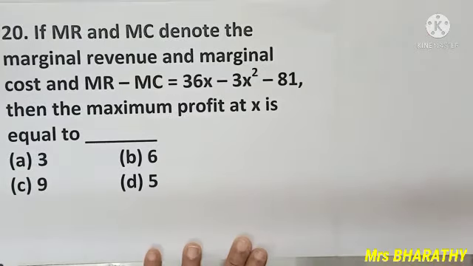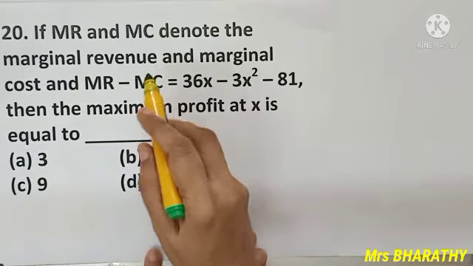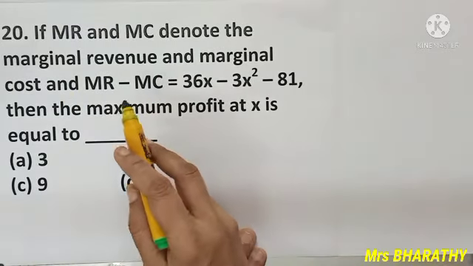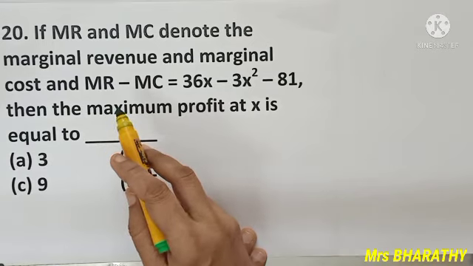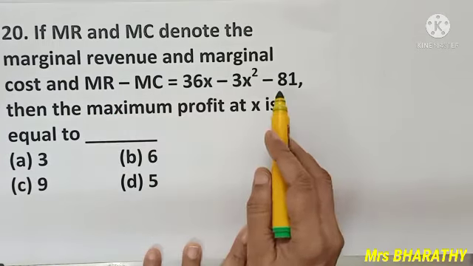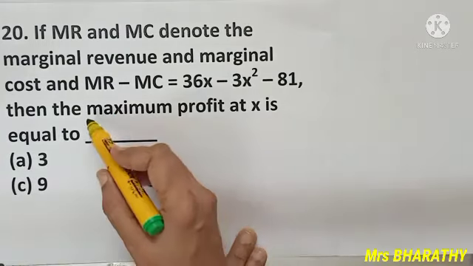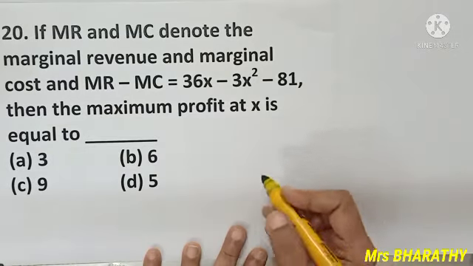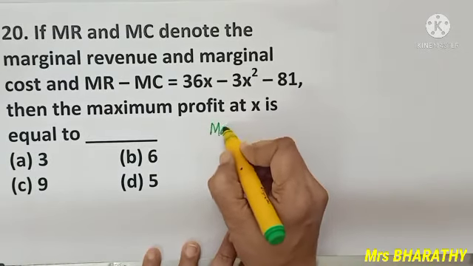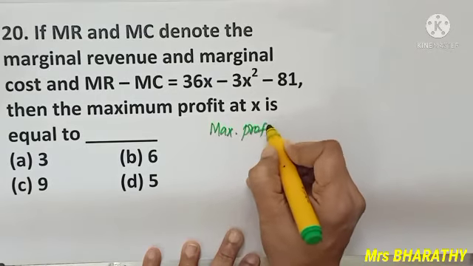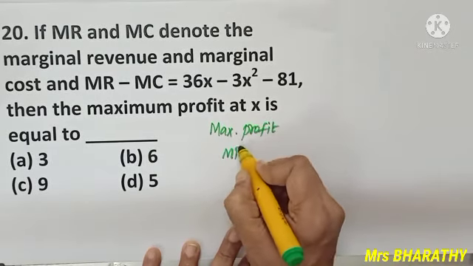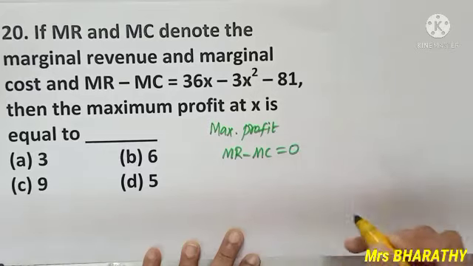Question number 20. If MR and MC denote the marginal revenue and marginal cost, and MR minus MC is given, my question is to find the maximum profit. We remember the condition for maximum profit. MR minus MC equal to 0.